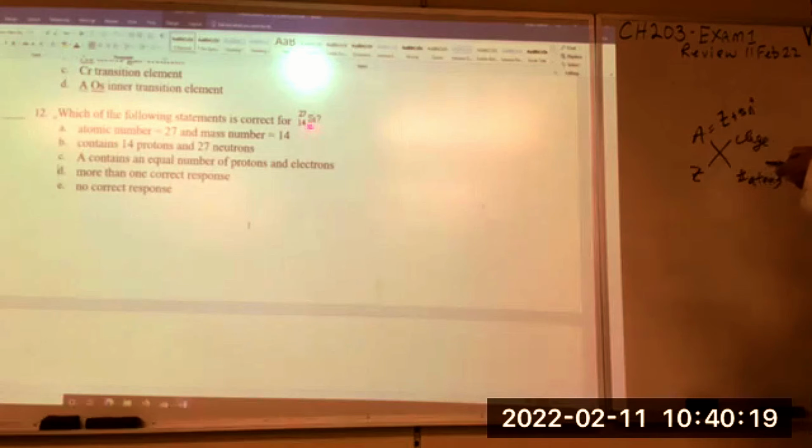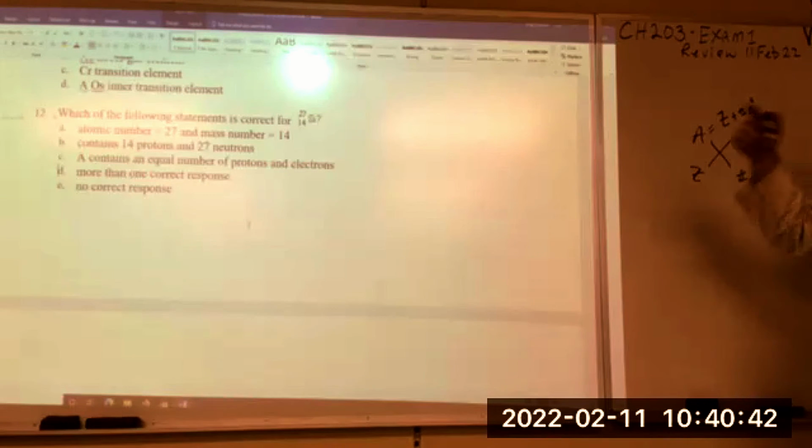If you have 14 as the atomic number, that's 14 protons, and not 27 neutrons. You have 13 neutrons. Contains an equal number of protons and electrons? Well, that's true. It didn't say anything about how many neutrons you have. But if it's neutral, protons and electrons have to be equal.